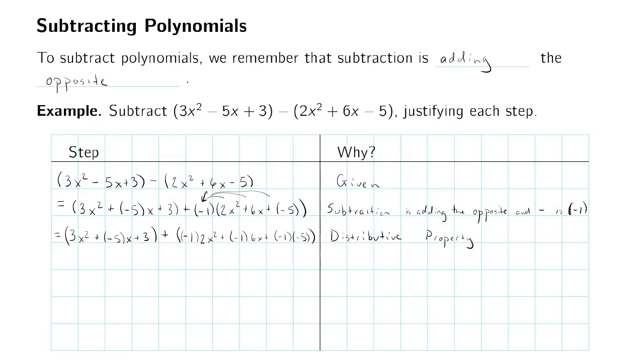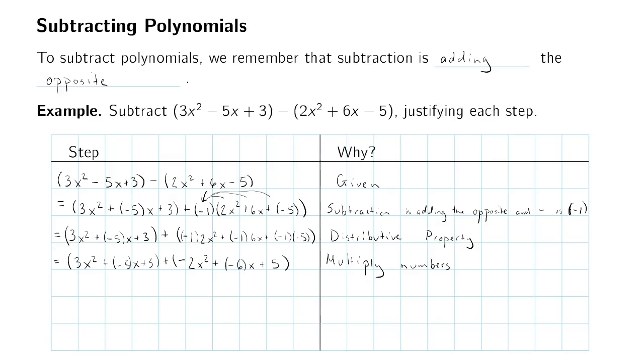So each term in the second polynomial is now multiplied by -1. Now we'll actually do that multiplication. We'll have a -2x squared plus a -6x plus a +5.